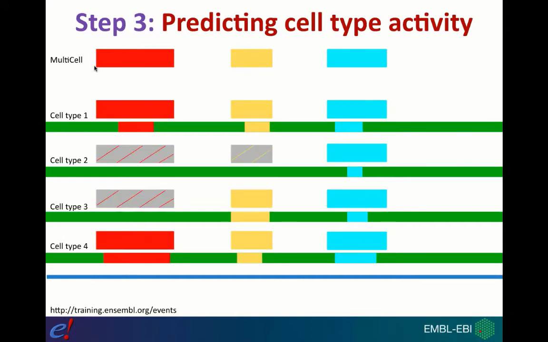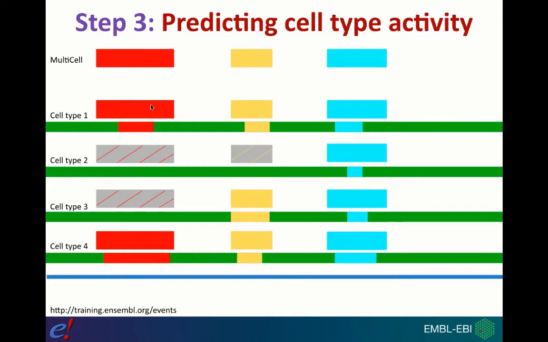And then the final step is to look in each of the cell types again and ask for each of those cell types, is there any evidence to suggest that those regulatory features are active, poised, repressed, or inactive?